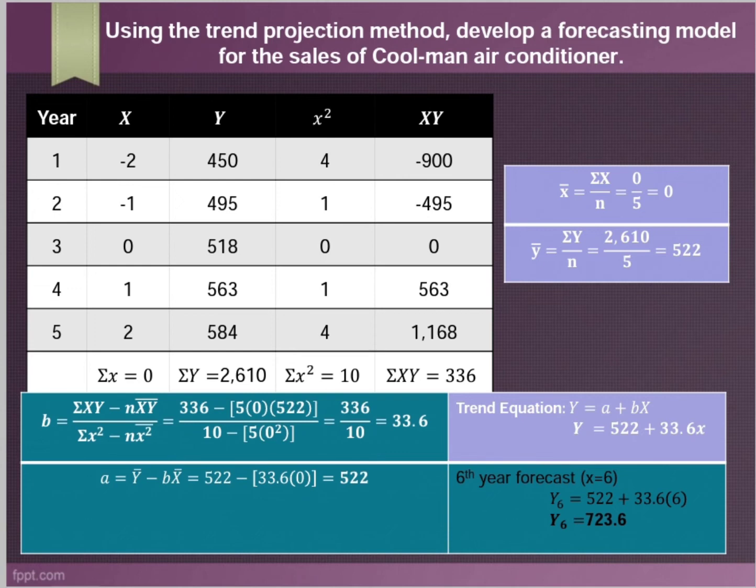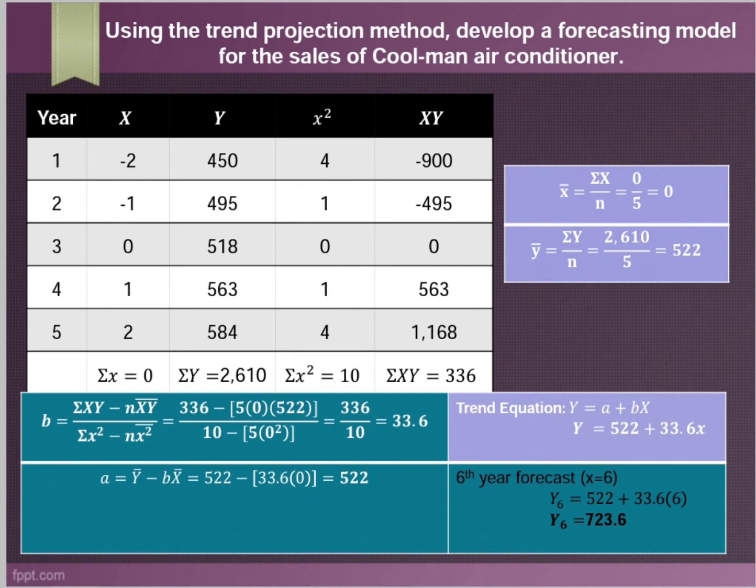So the summation of y is equal to 2610. And then the fourth column, which is the x squared, is to simply square the x on the second column. So -2 squared is +4, -1 squared is +1, 0, 1, and 2 squared equals 4. So the summation of x squared is equal to 10.